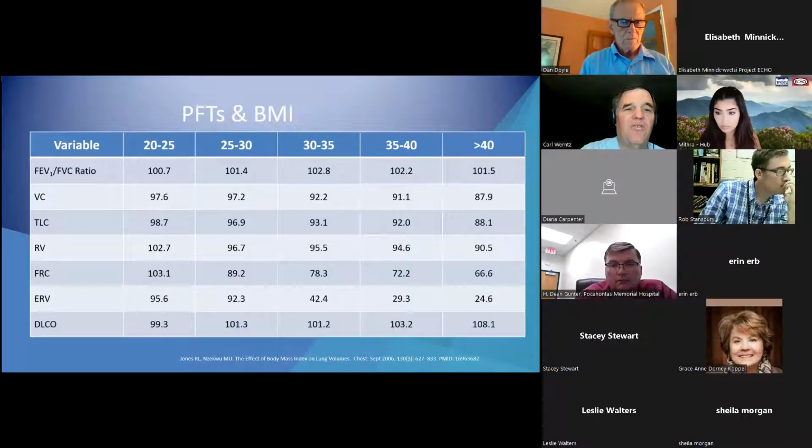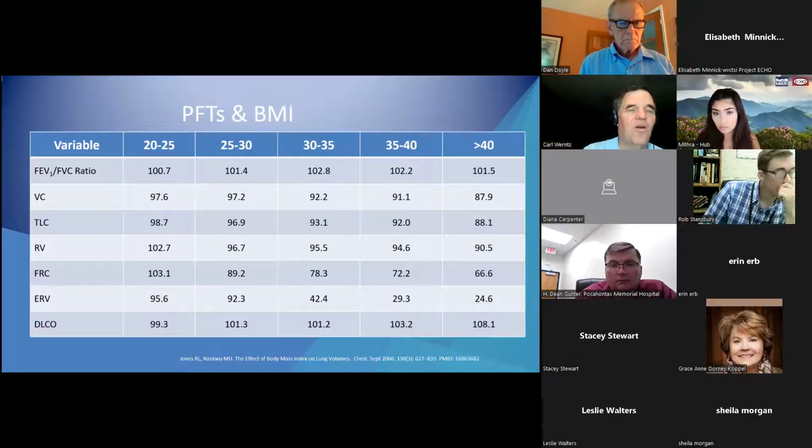So there's not a lot of impact, even with what we would consider morbid obesity or profound obesity when you get above 40. The residual volumes, however, do decrease, and the ERV, if you look, drops precipitously. So just be prepared for that. The FRC and the ERV towards the bottom drop precipitously. The interesting thing to me also is the DLCO gets better.